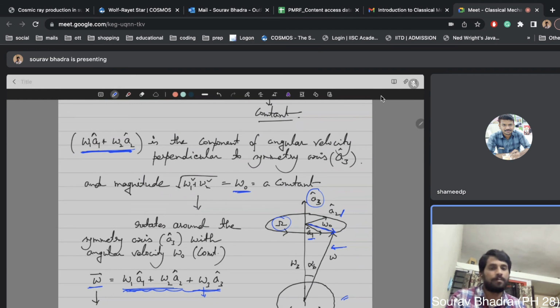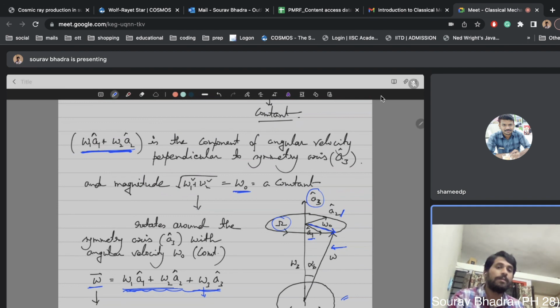That problem has also been solved in the last class of the course. There the heavy symmetric top was considered, and the nutation was obtained by considering the potential due to gravity, which acts as an external force, and due to that there will be nutation as well as precession.